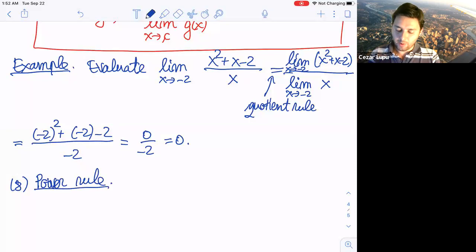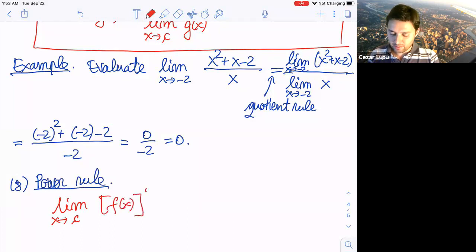And now we also have the power rule, which says the following. The limit as x approaches c of f of x, raised to some power, let's say n, will be nothing else than the limit as x approaches c of f of x, raised to the power n.